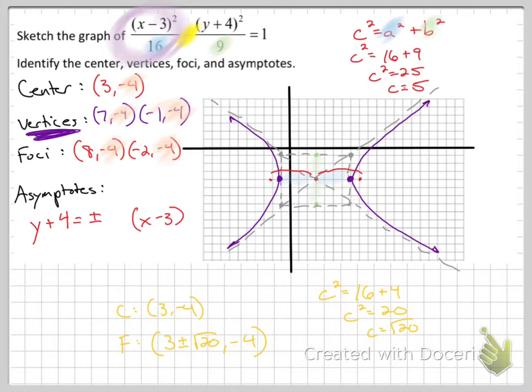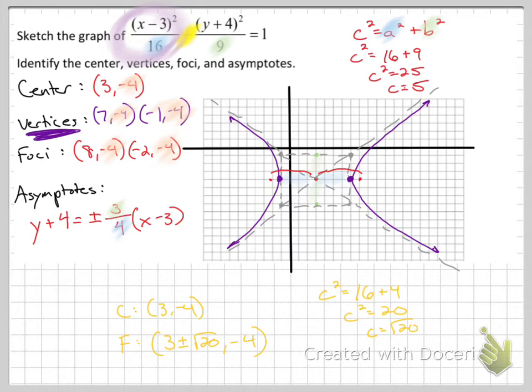It's rise over run. So under the y value is a 9. Square root of that is 3 over. And then the number under the x value is a 16. Square root of that is 4. I'll highlight these so you know where they came from. This came from the square root of 9, the green number. This one came from the square root of 16.